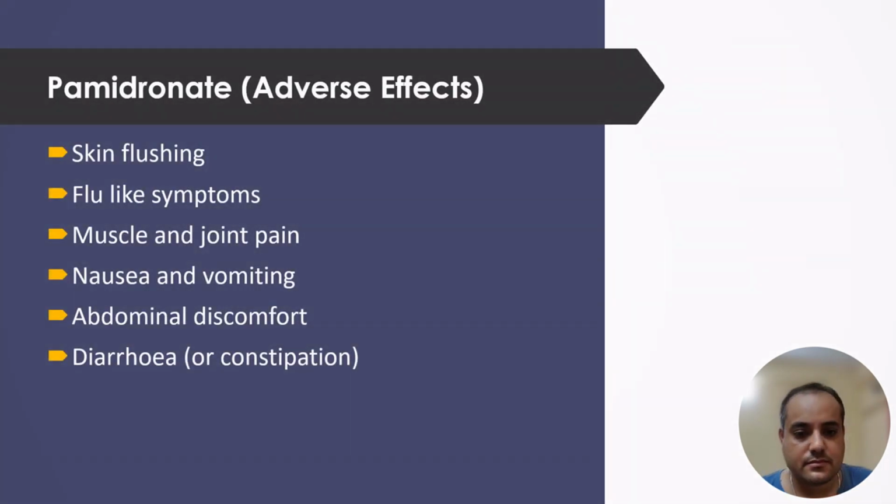Now students, Pamidronate can cause a few characteristic adverse effects, but these will only occur when the drug is given by the IV route. These adverse effects are skin flushing, flu-like symptoms, muscle and joint pain, nausea and vomiting, abdominal discomfort and diarrhea or constipation.